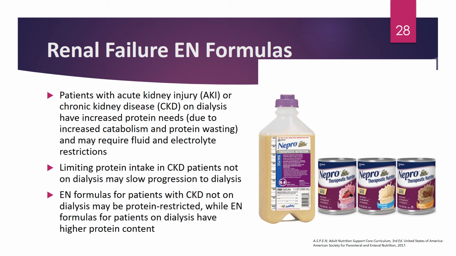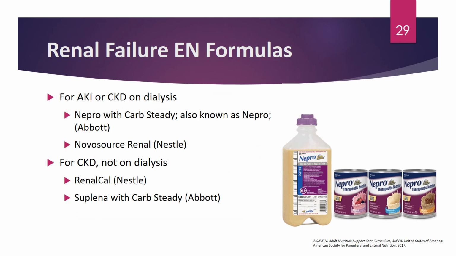Enteral nutrition formulas for patients with CKD not on dialysis may be protein restricted, while the ones for patients who are on dialysis have higher protein content. So remember, your formulas for these patients are essentially Nepro with Carb Steady, also known as Nepro, which is probably one of the most common formulas that you see out there, or NovoSource Renal.